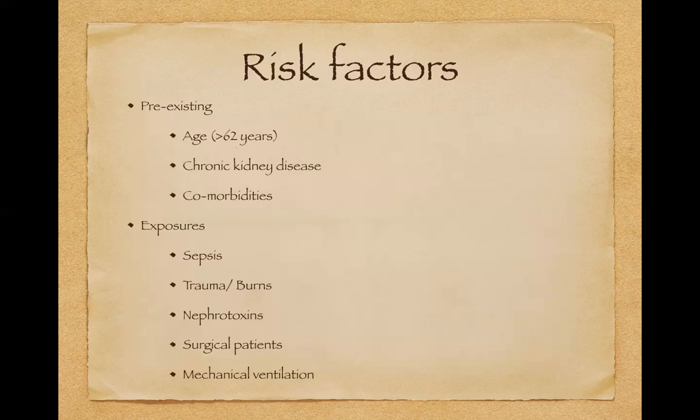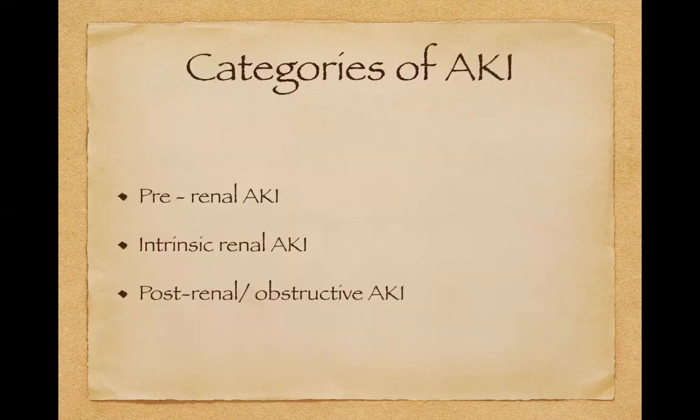Then you get your exposures. So this is what patients are exposed to, which includes sepsis, trauma, burns, certain nephrotoxins, which I will mention later on in the talk. Obviously, surgical patients, particularly in the post-operative period, are susceptible for developing AKI. And those in ICU or those on mechanical ventilation are also at risk for developing an AKI.